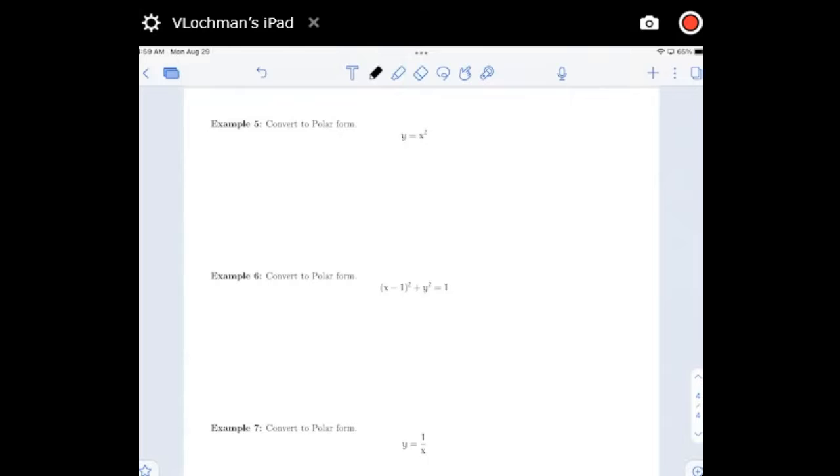So what is the goal here? What is my goal? My goal is to rewrite this as r is a function of theta, or sometimes it will be r squared is a function of theta.